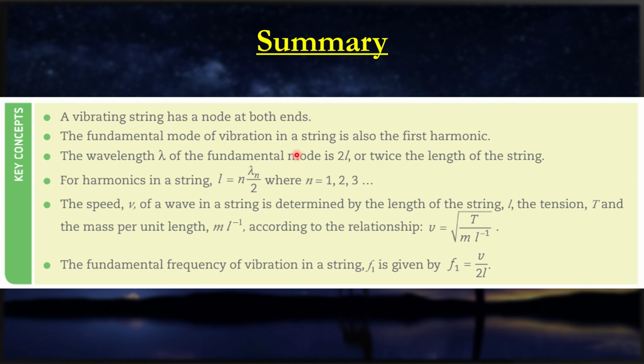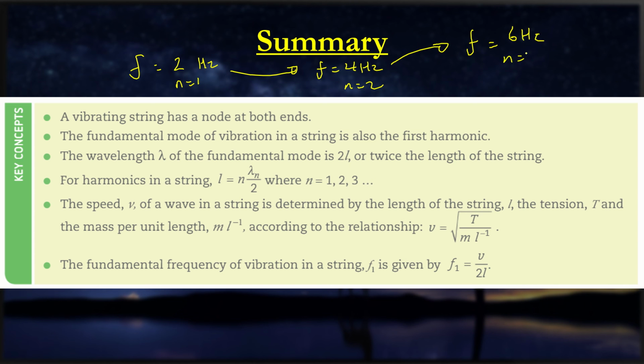As you increase the pitch, that pitch goes up in a specific integer. So if we say the fundamental frequency of something is 2, okay, that's n1. Then the next pitch we generate is a frequency of 4. And then the next frequency we generate is a frequency of 6 hertz there.